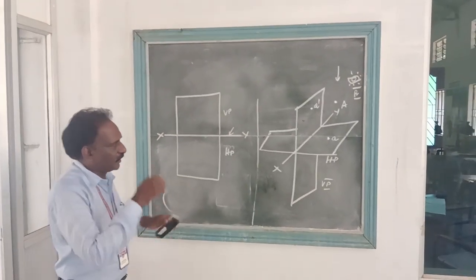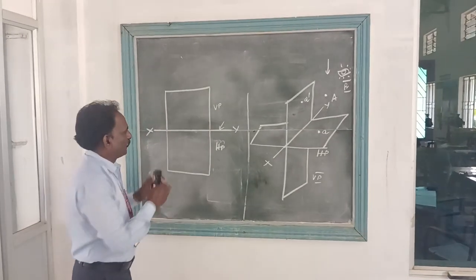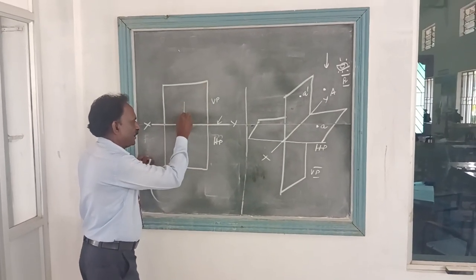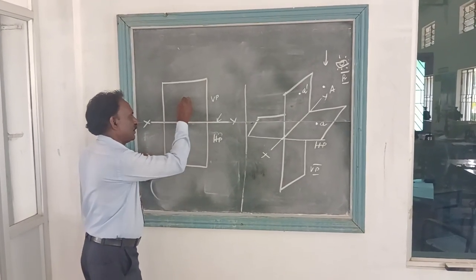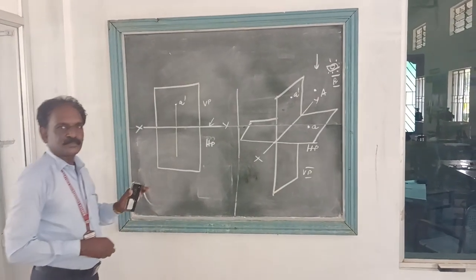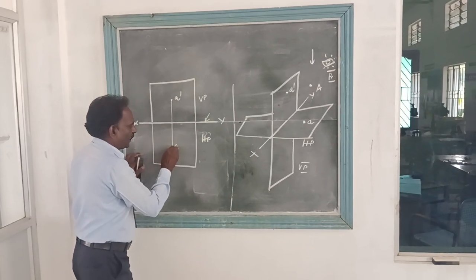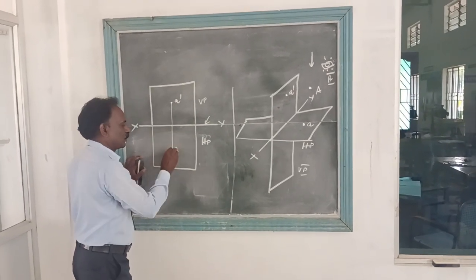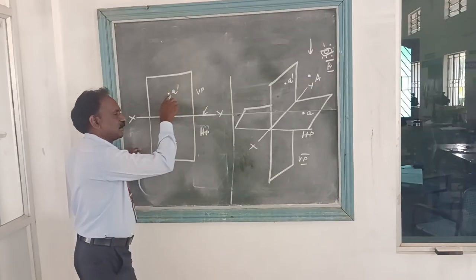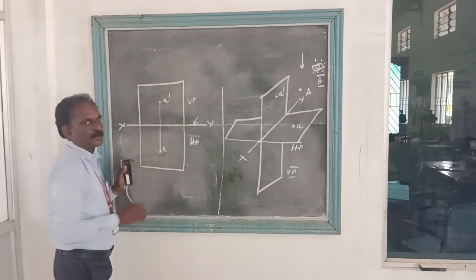So, if you want to mark the dot A dash to have the view, simply draw a thin line. Mark the point just as A dash. Then below the XY line, you mark small a. Both are dots. A dash dot is the front view, and small a dot is called the top view.